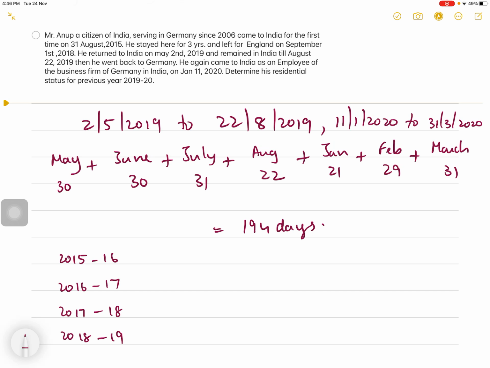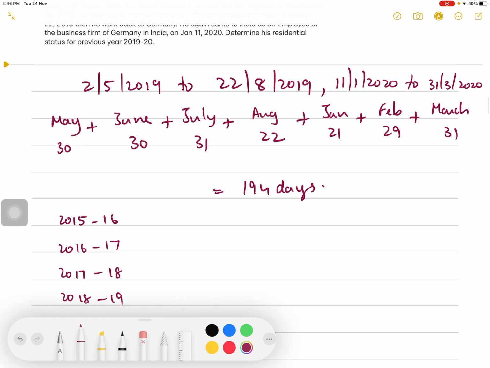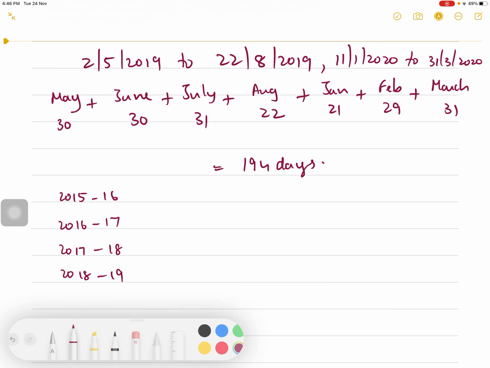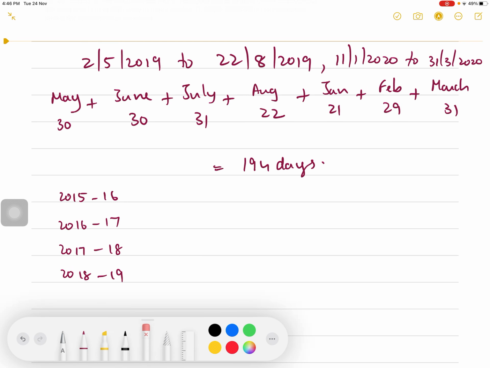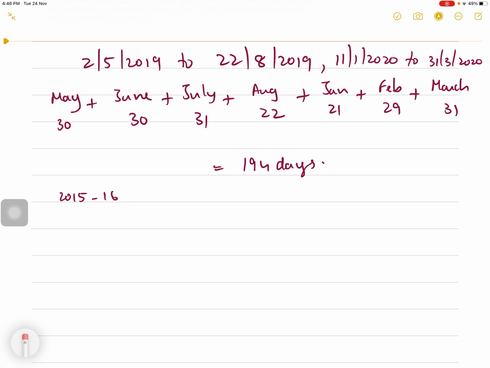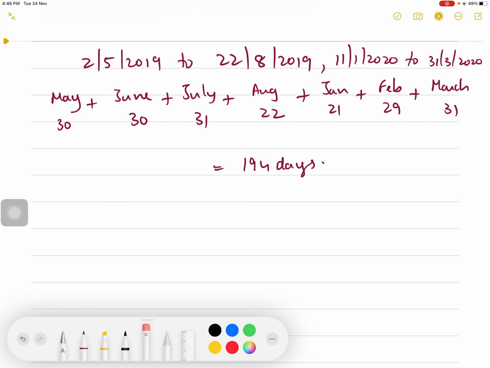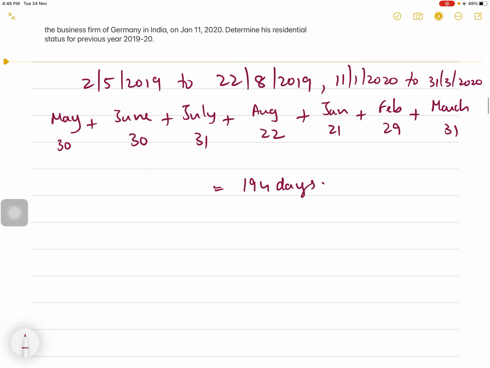But you know that in 2014-15 and 2013-14 and all those years he was not there in India at all. So he was there for 0 days. Right? Okay. I'll write those years also.